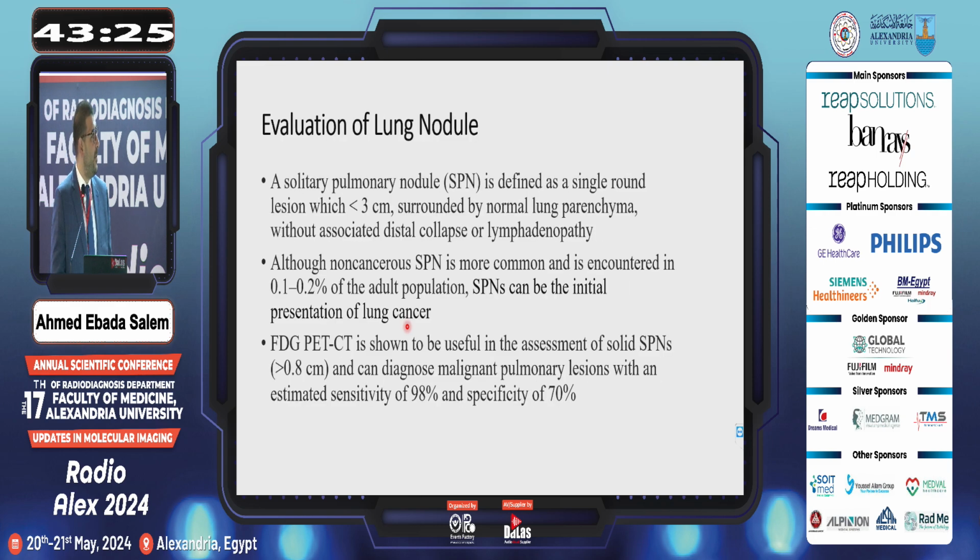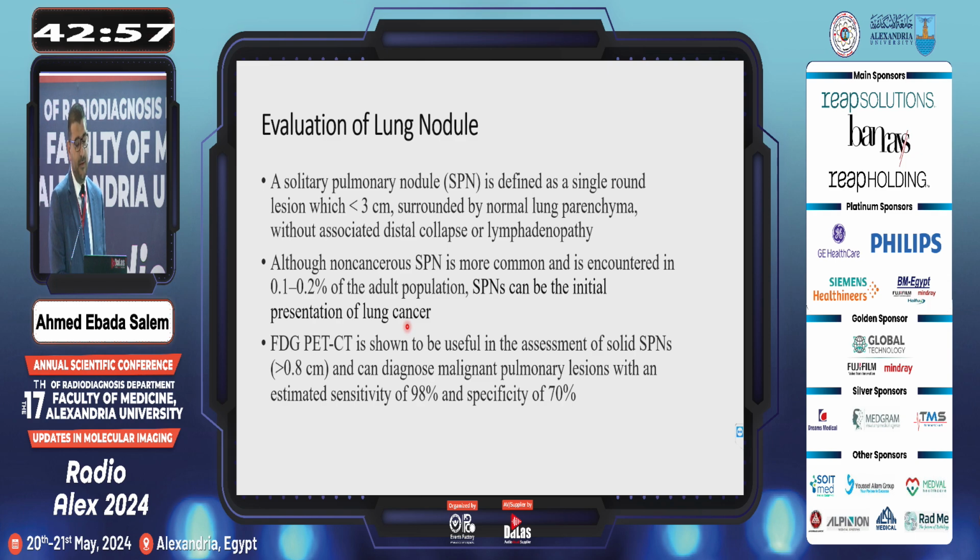Evaluation of lung nodule. So by definition, a lung nodule is a single lesion less than 3 centimeters, surrounded by normal lung parenchyma, with no associated distal collapse or lymphadenopathy. Although the most common etiology for a single solitary pulmonary nodule is benign lesions, it can be the first manifestation of lung cancer.